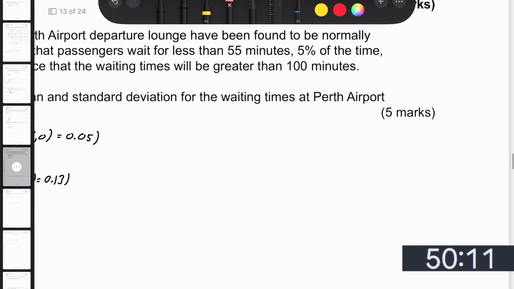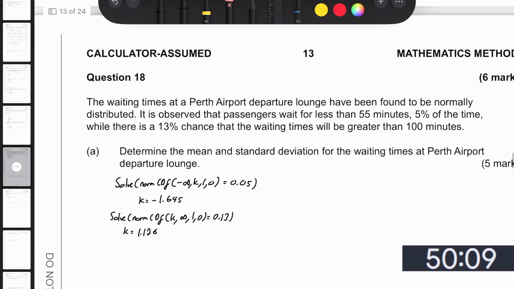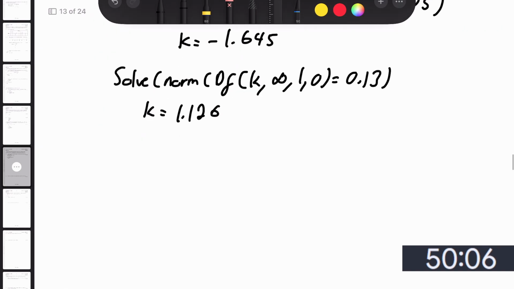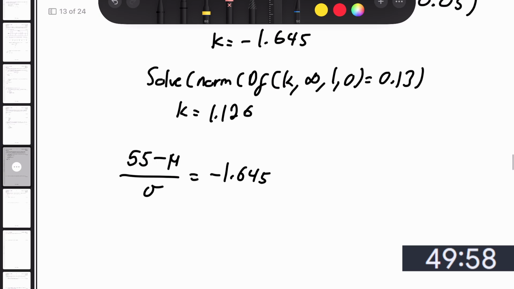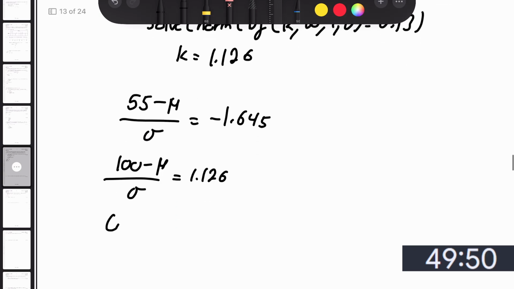Okay, now we can use our z-scores. So 55 minus the mean divided by the standard deviation is going to be equal to negative 1.645. And then 100 minus our mean all over standard deviation is 1.126.